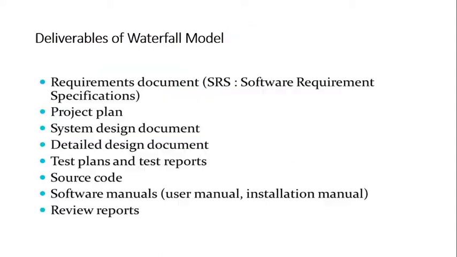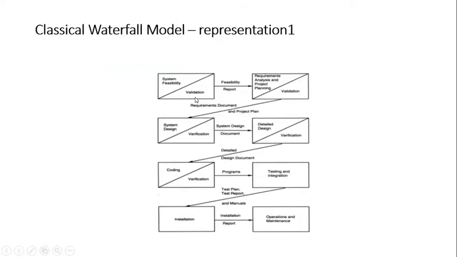By review report I mean, you must be seeing these two terms here, verification and validation. These are two terms that we use interchangeably, but there is a distinction between them. Validation is something which is done at the end, when we are going to validate our system, test our system, right?